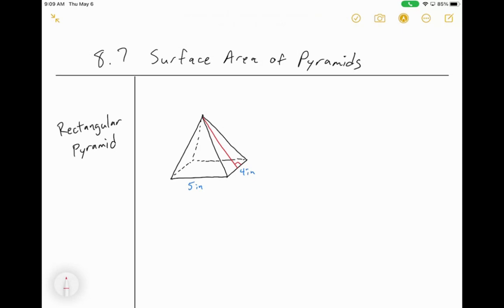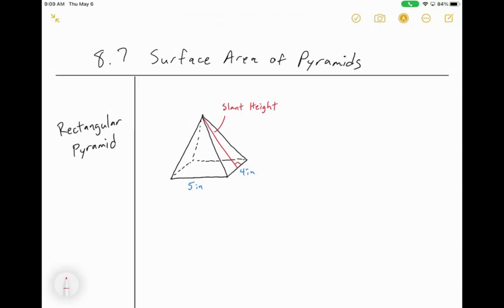Okay. And this line right here is what we call the slant height. It's called the slant height because it's slanted, right? Think about the example we used in the past: your height is 90 degrees, right?